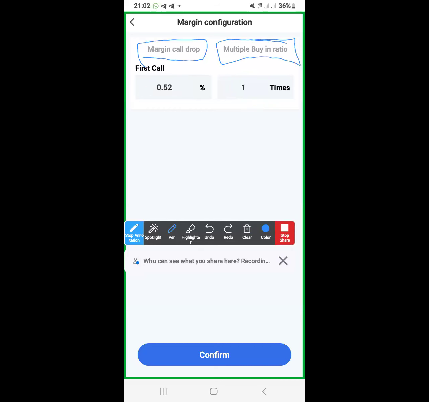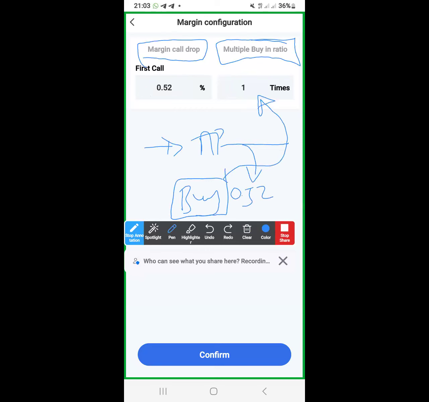If the robot bought a coin, and this is the average price established, if the market price drops by 0.52, you expect the robot to buy. It will buy. But how many times would you want it to buy? You're saying it is one time. So it will pick what you have set as your first buying amount, which in that case is 70.